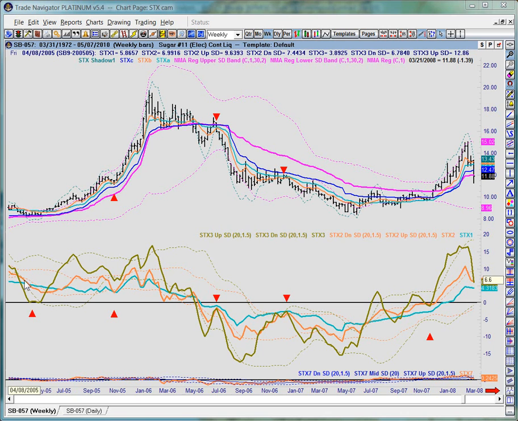Notice that the fast is below its standard deviation lower band, and the orange, medium speed, is also below its lower standard deviation band. It's usually indicative of a termination zone of a short-term counter-trend reaction. This is even more true if the lower standard deviation bands of either the fast or medium oscillators are being violated while at or near the zero line from above.